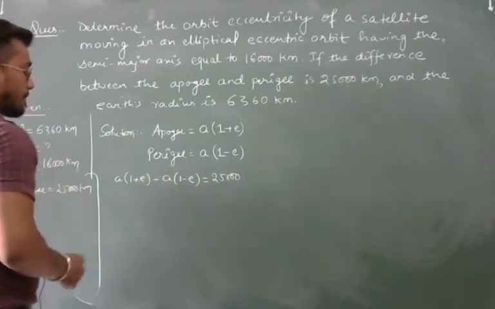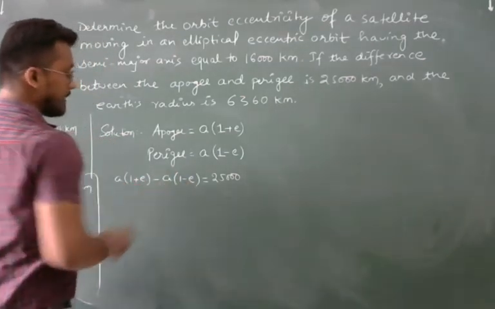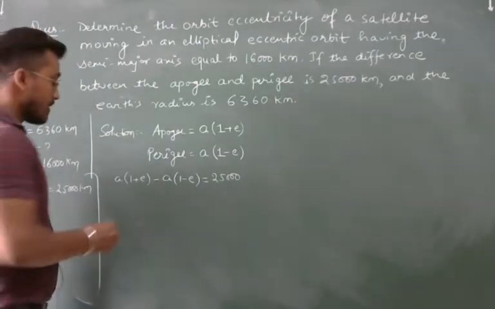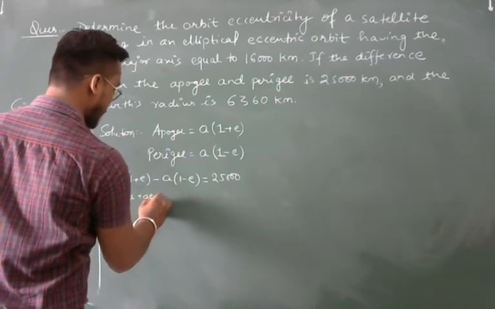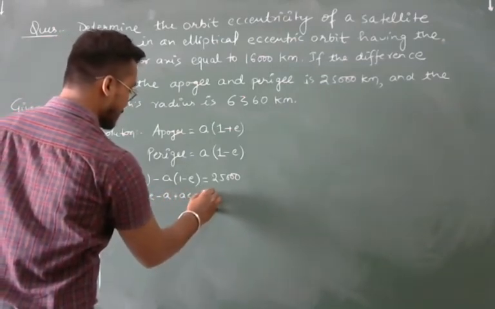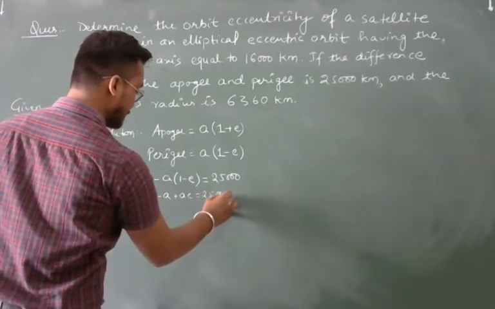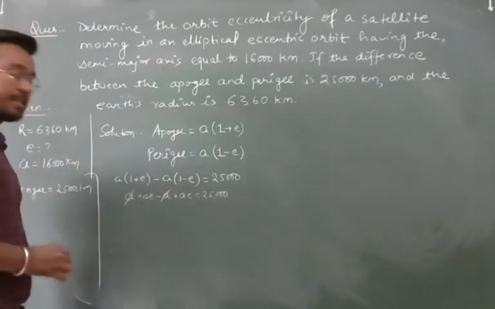So from here this A will be cancelled out. Let me solve: A plus AE minus A plus AE is equal to 25,000. This A and this A cancel each other.